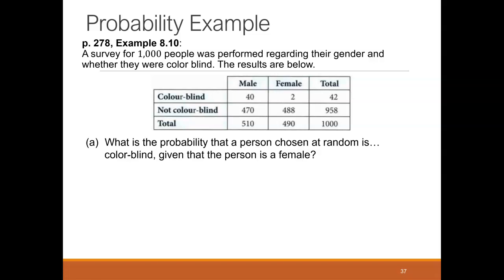When you hear given that blah, blah, blah, this is a conditional probability, right? So this is like, if we say C is colorblind and G is gender, let's use F for female or whatever. This would be the probability of C given F, right?